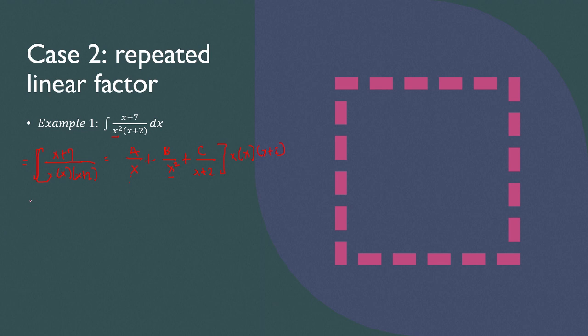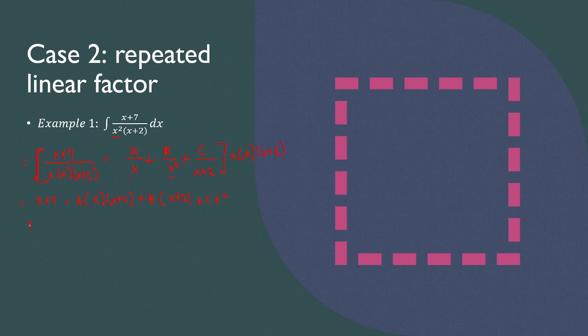So this is x plus 7 is equal to a times, dividing out x, what remains is x times x plus 2, plus b times x plus 2, plus c times x squared. Okay, so I will teach you another technique on how to get a, b, and c.